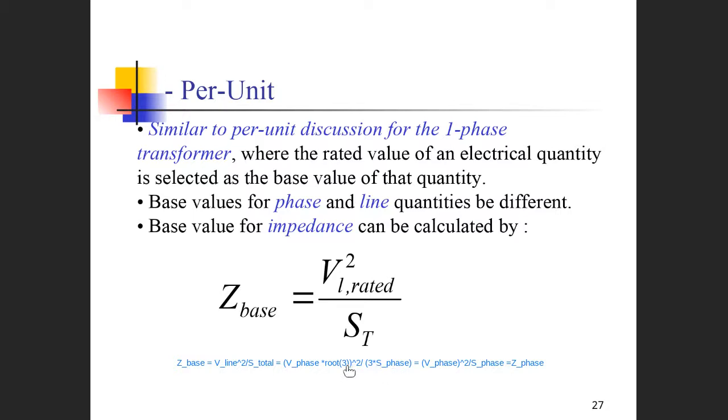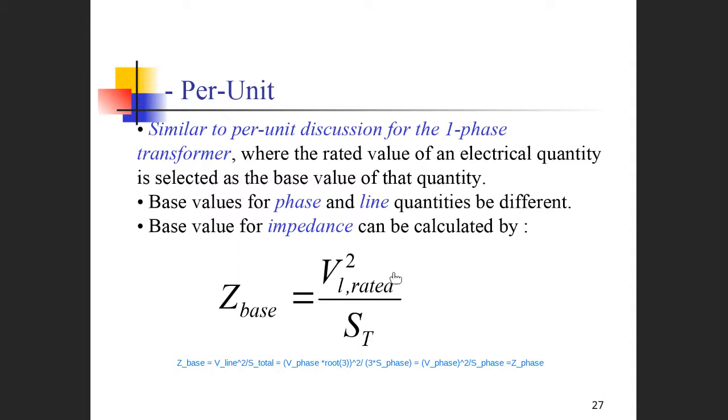So √3 squared will be 3. So the 3 cancels, and we get the phase voltage squared over the per phase power. So per phase voltage squared over per phase power is the per phase voltage over per phase current. That is the per phase impedance. So this is the star phase impedance. That's the meaning of it.